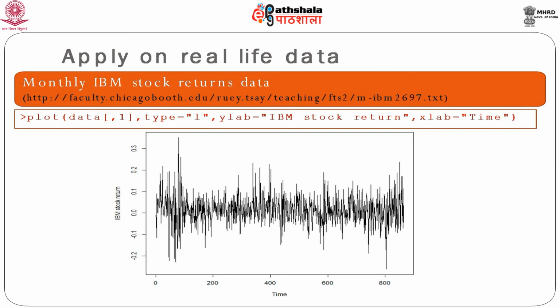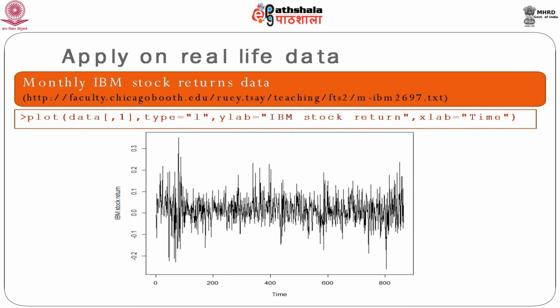So next, I use real life data to fit a GARCH model, and there the same step by step methods that we used, we apply in the same way to the real life data. The data is monthly IBM stock returns, taken from the website mentioned here.